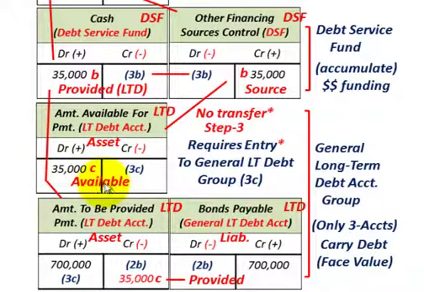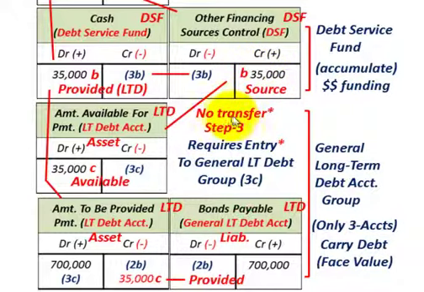That's the amount available. So if you just match up your accounts, the amount to be provided for the payment, that credit of $35,000, sort of matches up with our debt service fund, the debit amount, that cash of $35,000. And then looking at the amount available for the payment, the debit amount of $35,000 sort of matches up with the other financing sources control, a credit of $35,000.